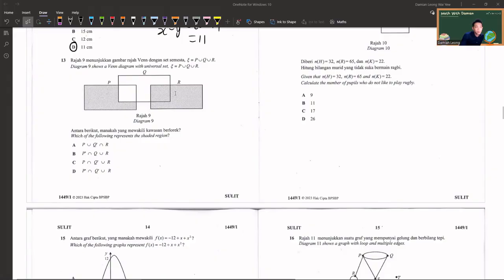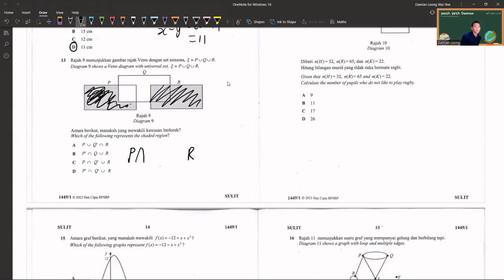So set R will describe this region. Definitely I have just R. This part is inside set P. So inside means I take set P. At the same time, it is outside set Q. If it follows two conditions at the same time, it will be intersect.